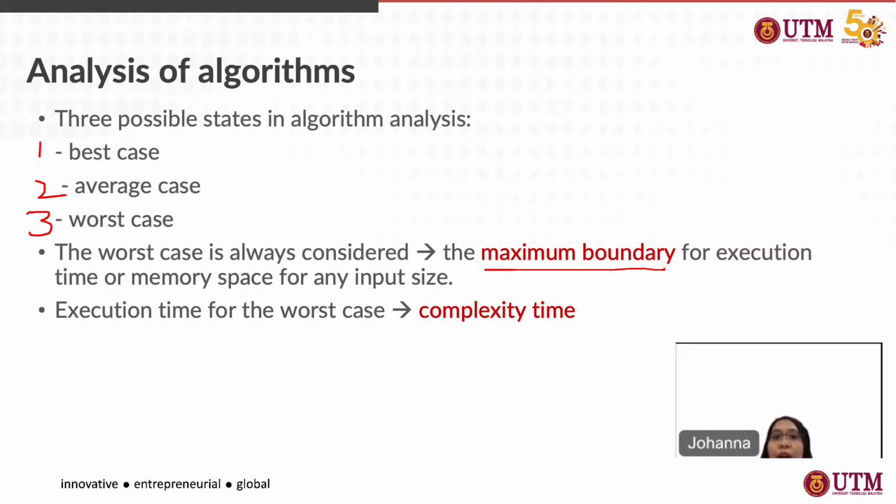And the execution time for the worst case is the time complexity. Later we are going to see, based on which codes, how we categorize these codes. This data set belongs to the best case, this data set belongs to the average case, later we're going to see.